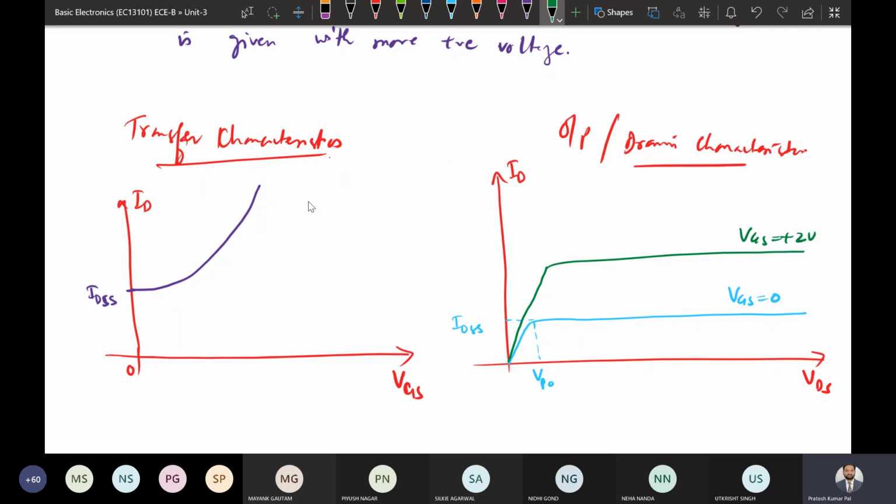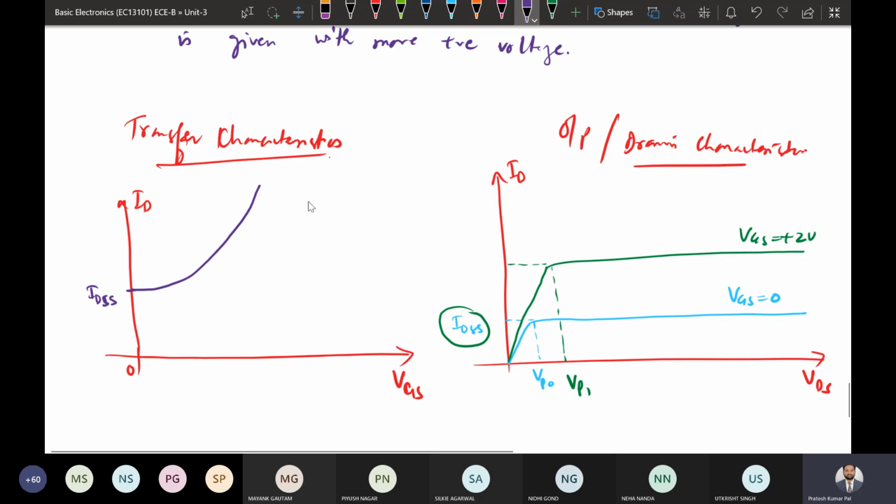One thing we can note here: the pinch off voltage is going to increase and ID is also going to increase. So this ID is not IDSS. IDSS is this only when VGS is equal to 0. This will be the new current that is greater than IDSS. So ID is going to increase with respect to IDSS as we increase VGS in the positive direction.